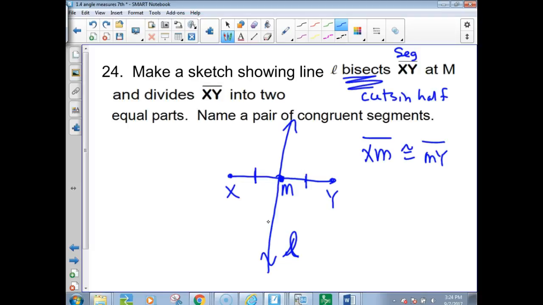Okay, now the paper you're going to be turning in, you got off the cart today. Do we have any questions on that right now? On the new worksheet, number 14.